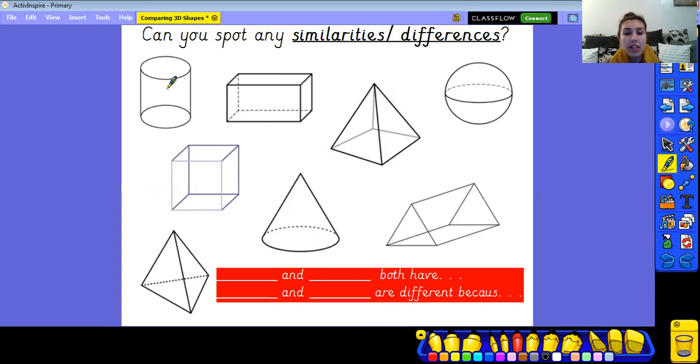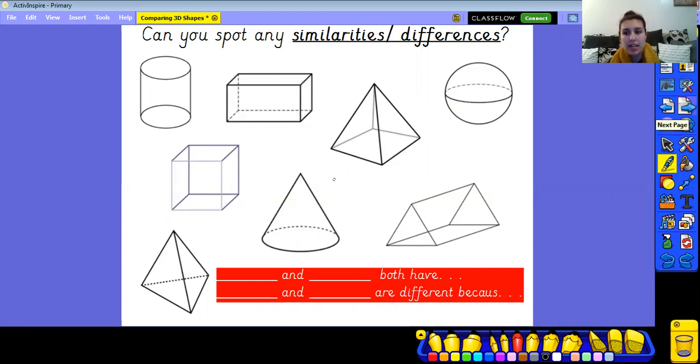And there's lots of things that you can say like that where, for example, the cone has a circular face but the triangular prism does not, so that makes them different. Or I could say the cone and the sphere are different because the cone has a vertex and an edge, but the sphere does not.